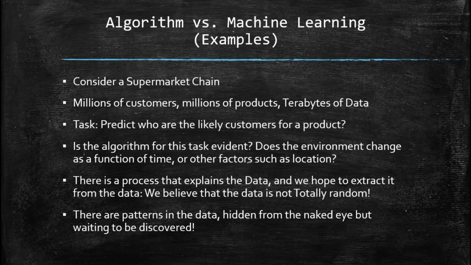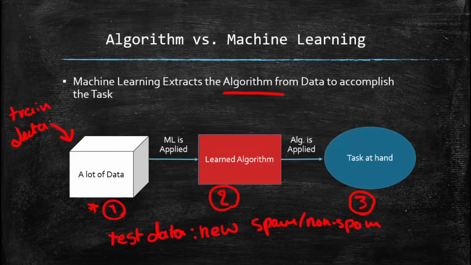So there is a process that explains the data, and we hope to extract it from the data. We believe that the data is not totally random. Machine learning is all about that. In your training data that we talked about in this slide, this box over here, we believe that those data are not totally random. We believe that there is a rule in there, a pattern that is begging to be discovered, but we need machine learning to discover that.